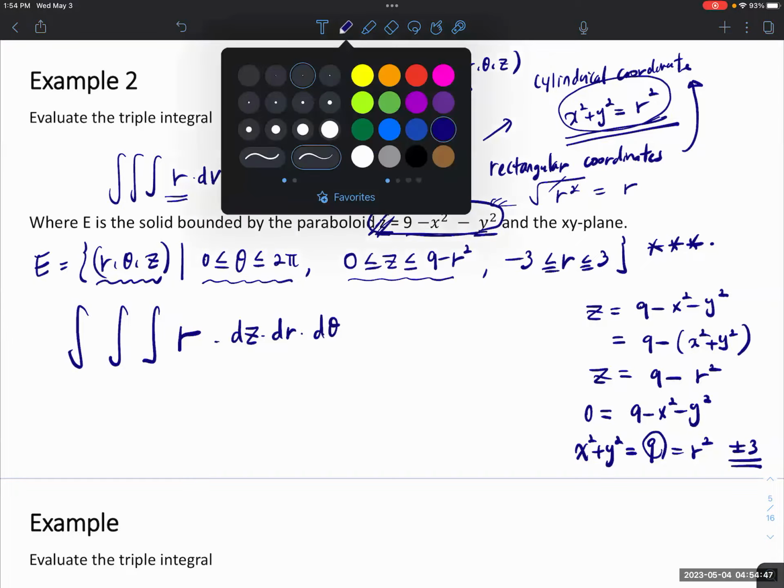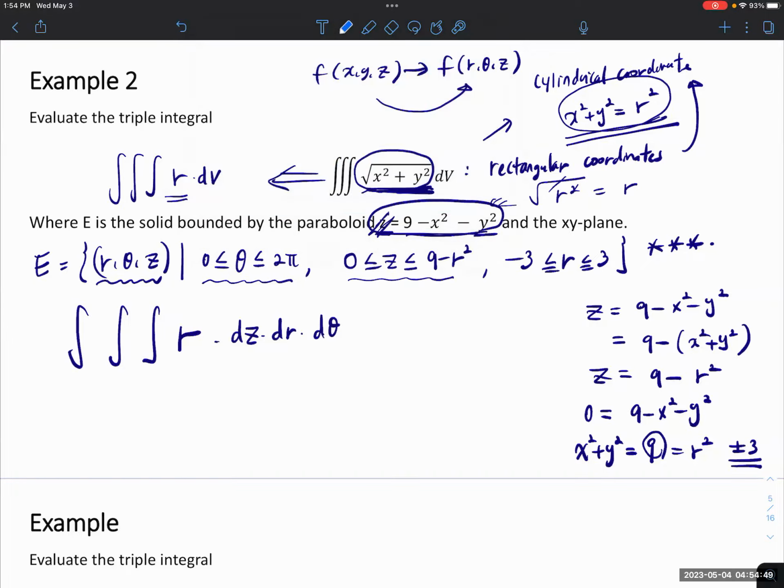So then write down the interval for each one. So z is 0 to 9 minus r squared, r is -3 to +3, theta is 0 to 2 pi. So setting up the equation is not that complicated. So the rest of the work, you can try that.